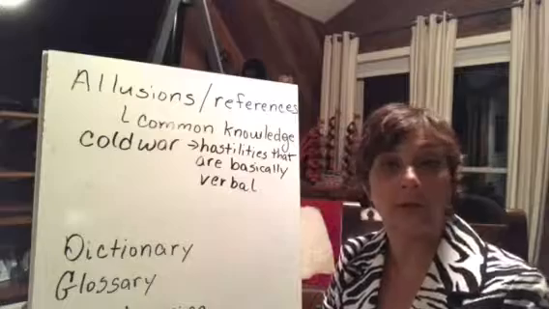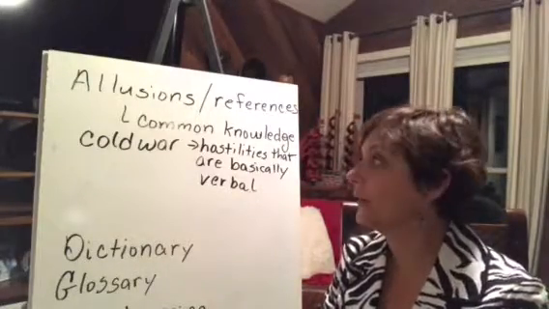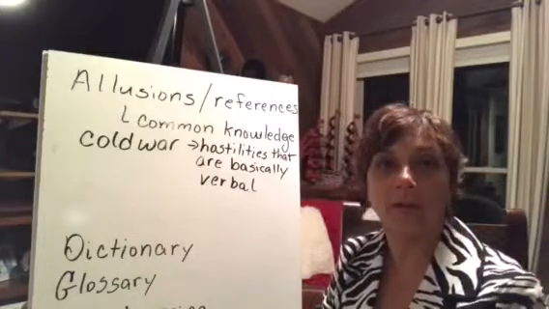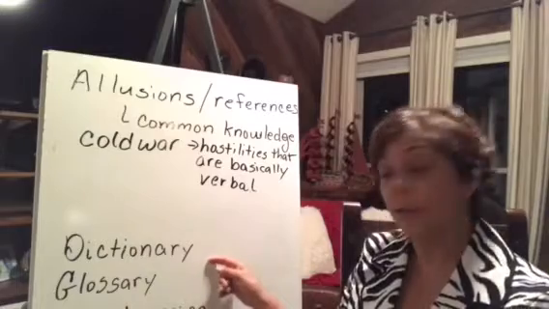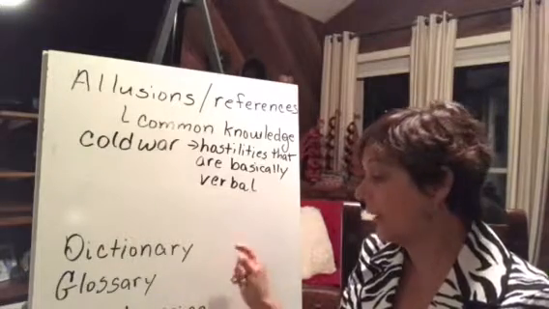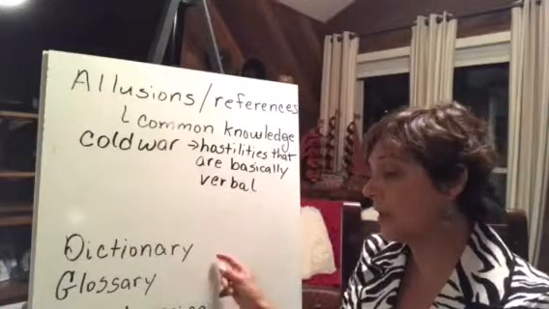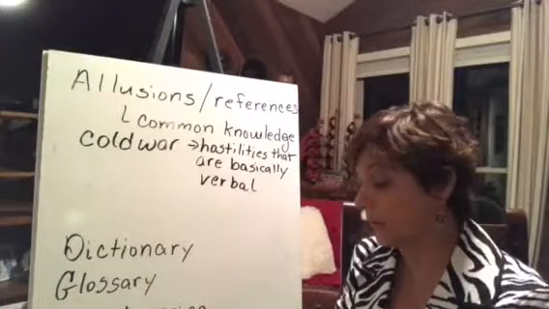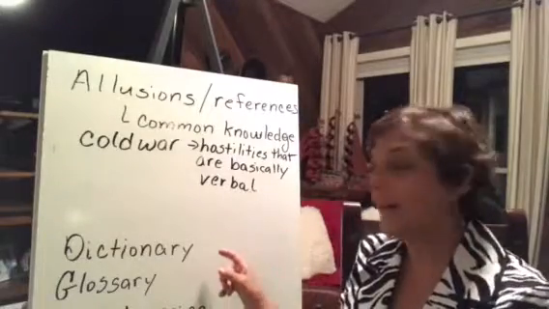at least during your college years, so that you can understand what writers are alluding to or trying to tell you. You can use dictionaries, of course, glossaries, and search engines. The dictionary, again, we're going to get to it on the next slide.